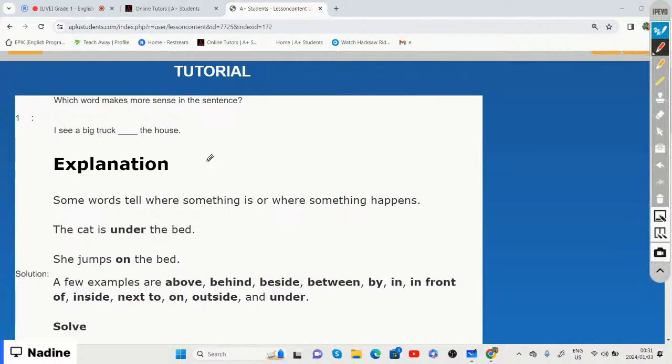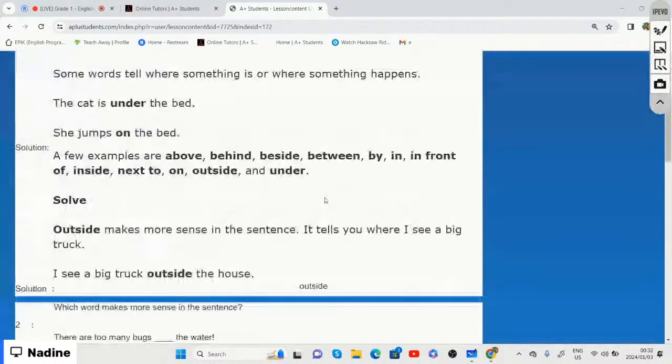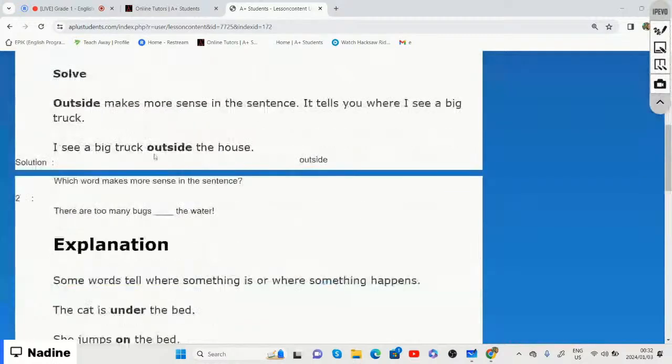So we can say I see a big truck outside the house, because this big truck is probably standing outside the house. So outside the house is correct.